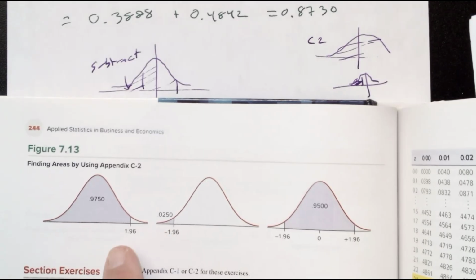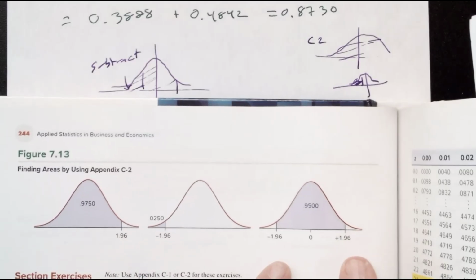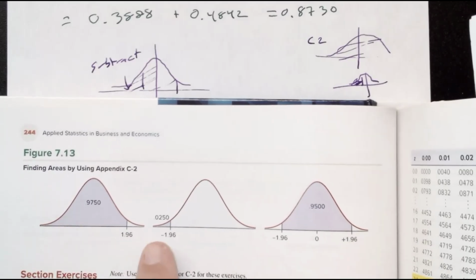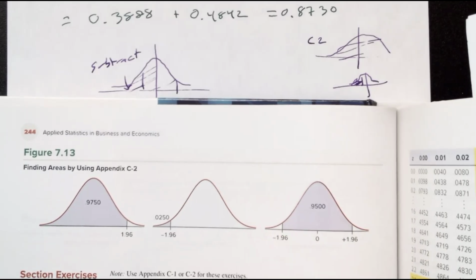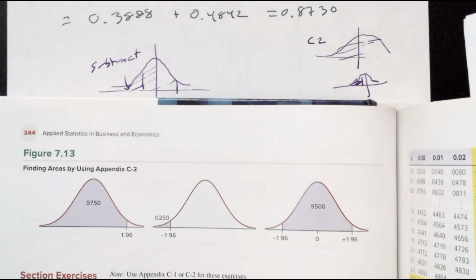But I could also say, well, maybe I want the stuff between 1.96 and negative 1.96. So I take this picture and I subtract this one away. That's why that's been whited out there. Wait a minute. That's 95%.